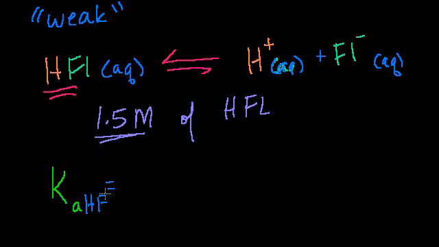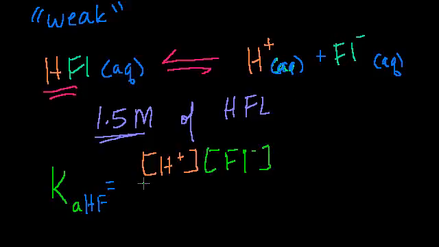It is equal to the products: the concentration of your hydrogen ions times the concentration of your fluoride ions, divided by the concentration of your hydrogen fluoride, or hydrofluoric acid, HF.